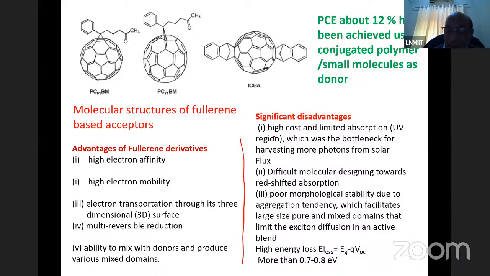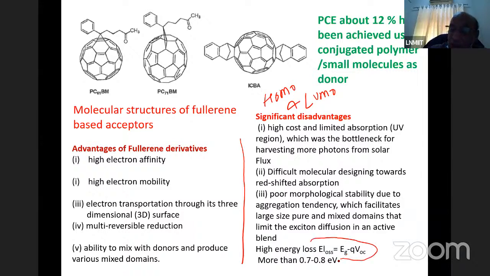It has high cost, it has limited absorption spectra, absorbing only up to 650 nanometers, and it is difficult to design or tailor the HOMO level and LUMO level of the fullerene derivative. And there is another drawback, that is energy loss.